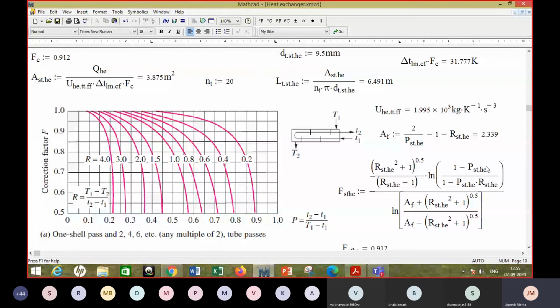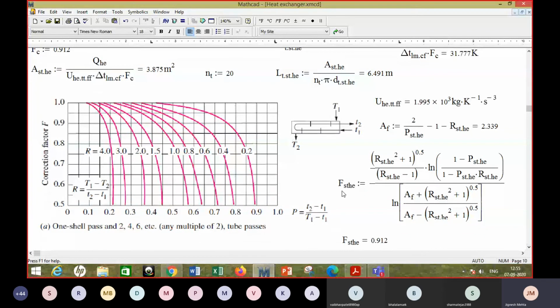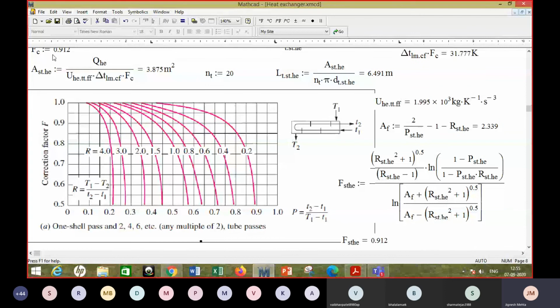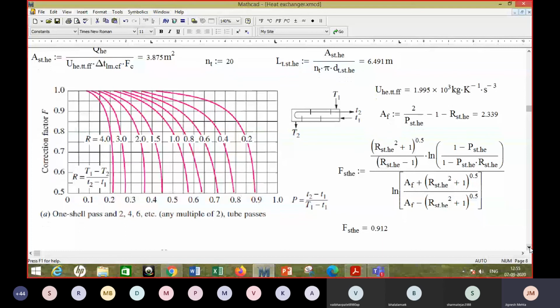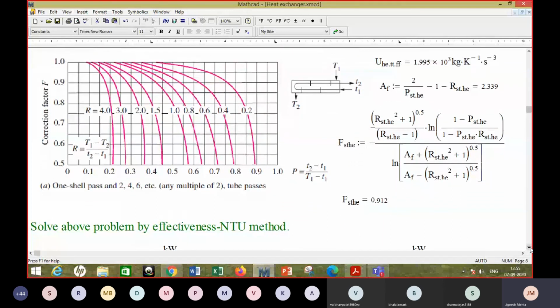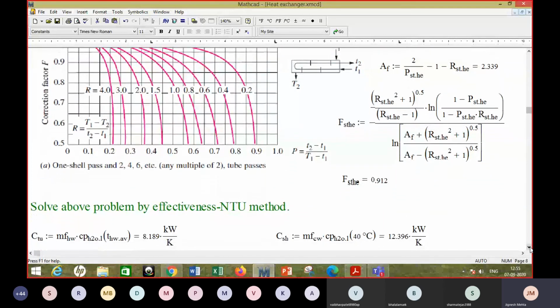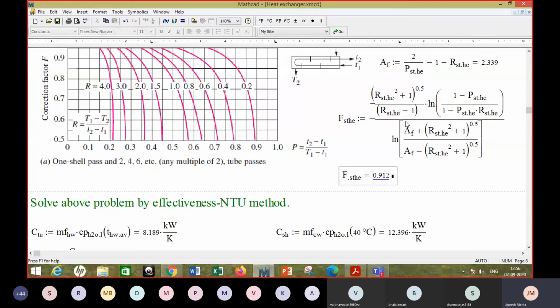Okay. Now, in that case, you might be able to solve the problem with the effectiveness NTU method also. Right now, here also, when I use the formula, I found that the F value I had used was 0.92, but a more accurate value, with the help of the formula, is 0.912, right?